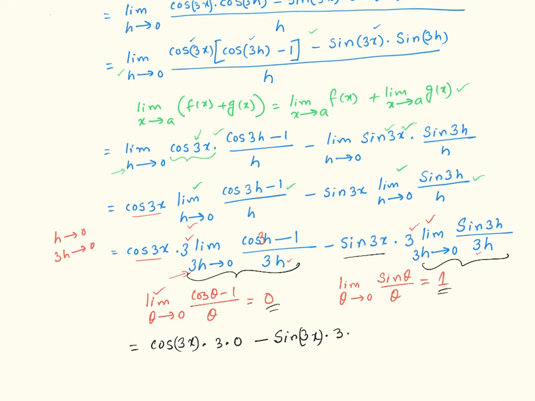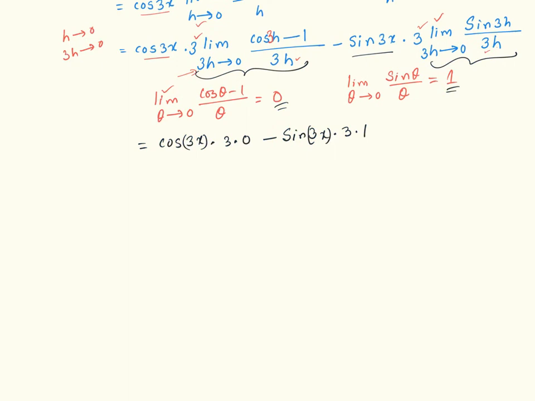But the limit of this thing is 1, right? So what we finally get is this. This term is going to become 0. So it's going to be negative 3 times 1, which is negative 3 sine of 3x. That's what we are going to get. So our derivative, finally, what we get is this.